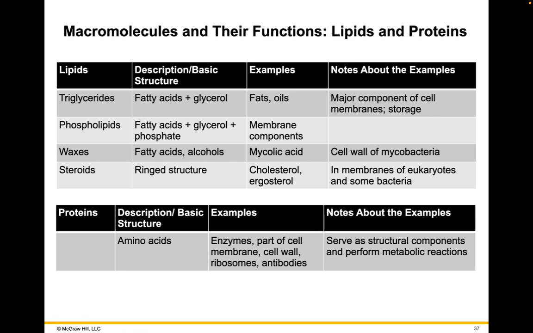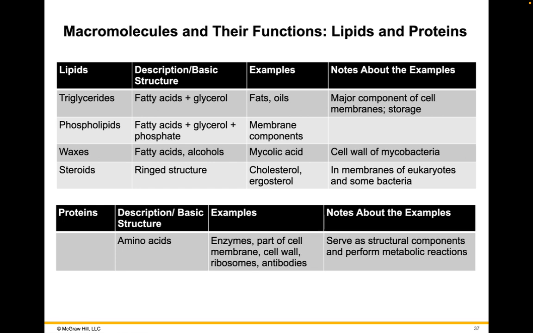There's some waxes that make up cell walls. And lipids also make up steroids. Steroids can be cholesterol based or structures, and we'll see these in the cell membrane. We'll also see these in animal hormones.